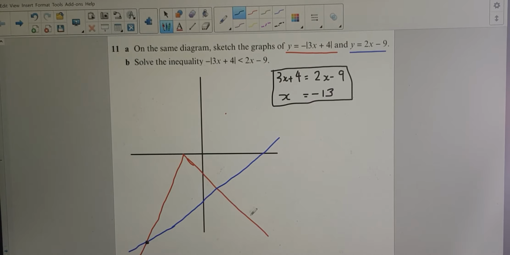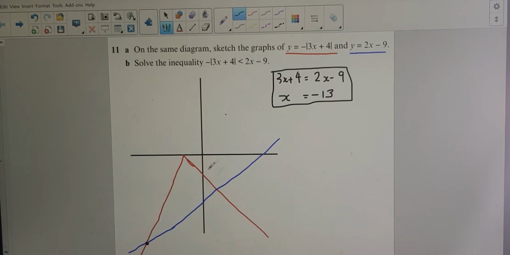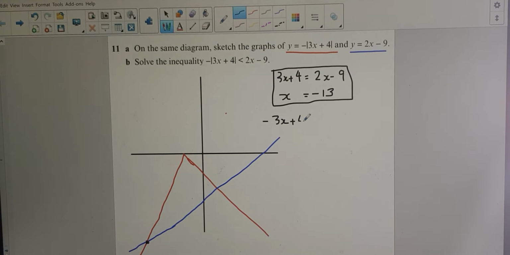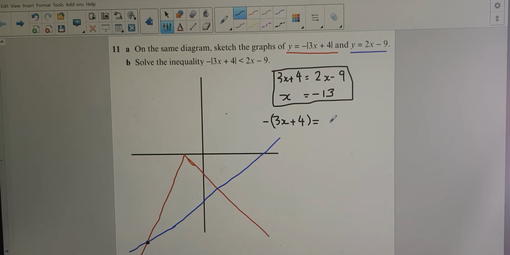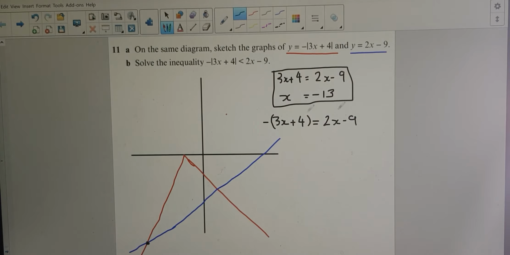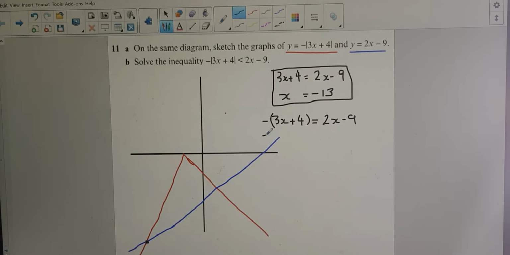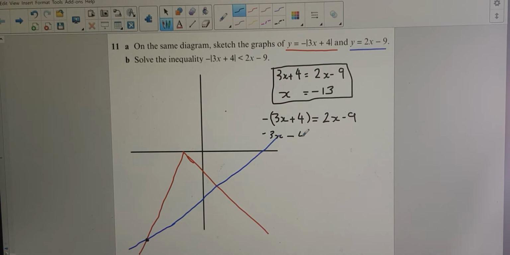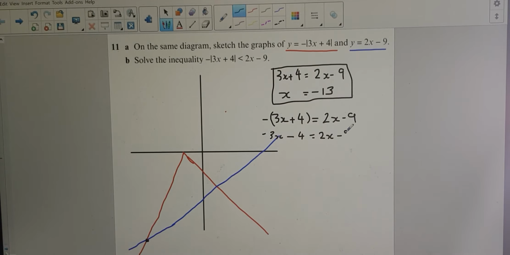And this line here, which is intersecting with the line of y equals 2x minus 9, is in fact negative the line of y equals 3x add 4. And I want to see where that intersects with 2x minus 9. So that's going to go minus 3x minus 4 equals 2x minus 9.